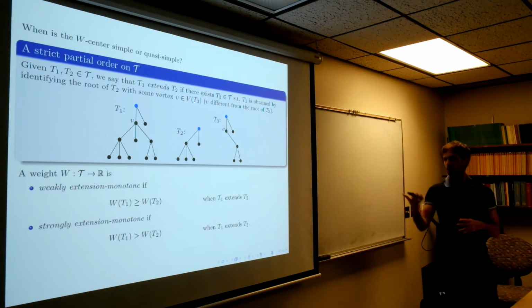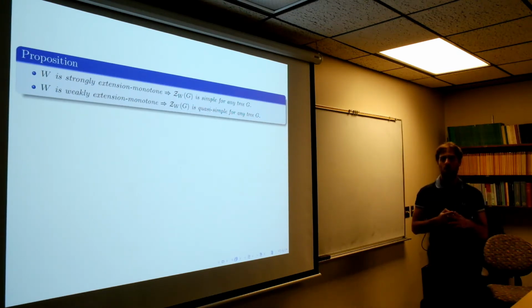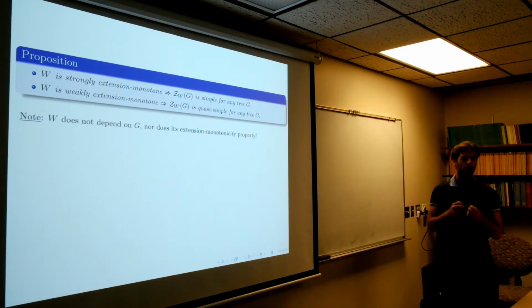Strong extension monotonicity is the same, just we want strict inequality here. Okay, and whenever W satisfies these requirements, then the center is simple or quasi-simple. So whenever W is strongly extension monotone, then its W center is simple for any tree G. Whenever W is weakly extension monotone, then its W center is quasi-simple for any tree G. And this proposition seems very similar to the proposition regarding the mu center that we gave before, but actually there is a difference. In this case, W does not depend on the graph, right?